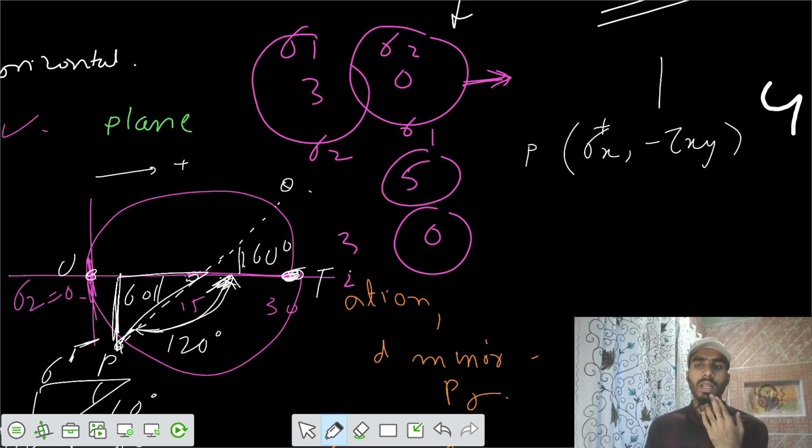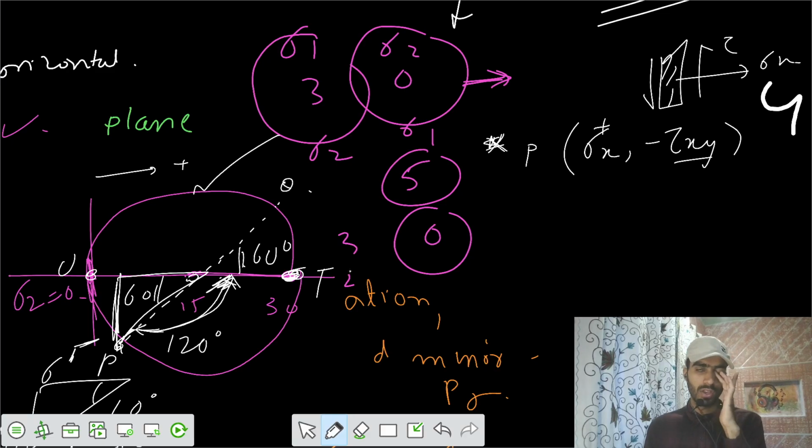That's only possible if on the plane P there is some anti-clockwise shear stress, and there is some positive tensile sigma x. So this is our conclusion from the Mohr's circle that we drew. I would say shear stress is negative. That shear stress is acting anti-clockwise on this plane.